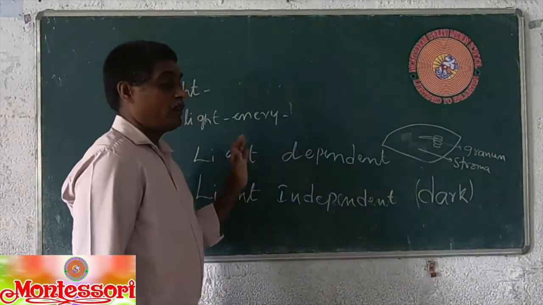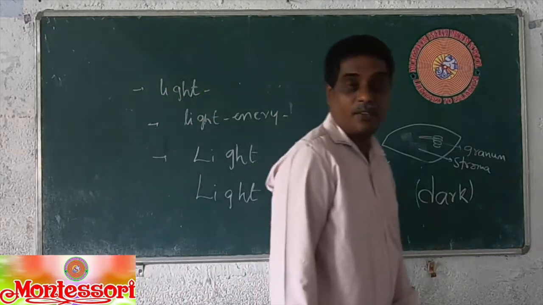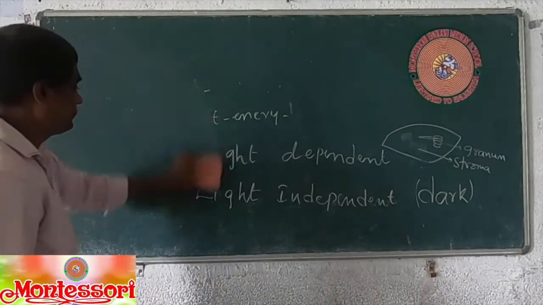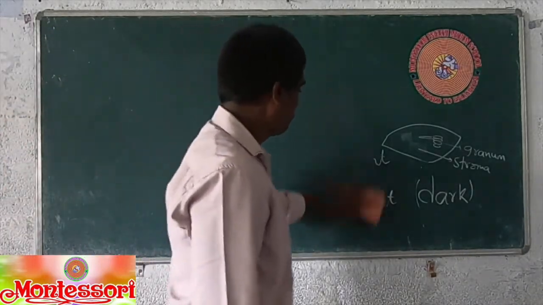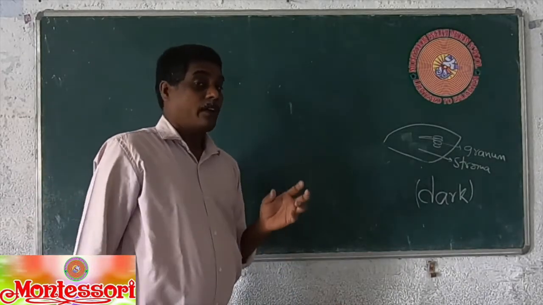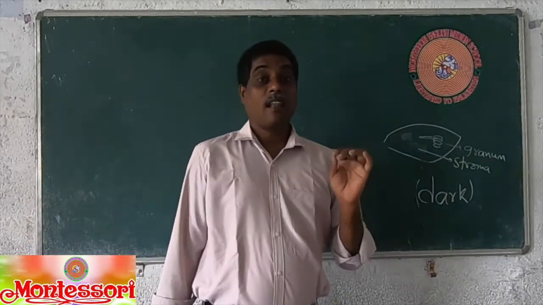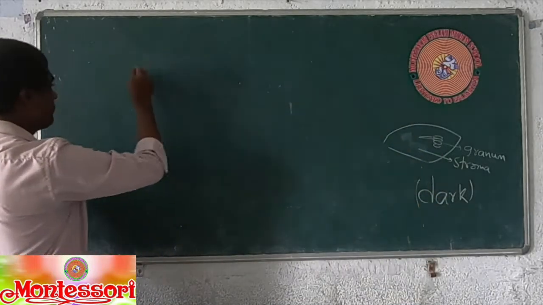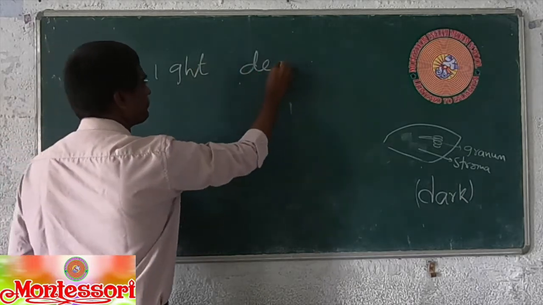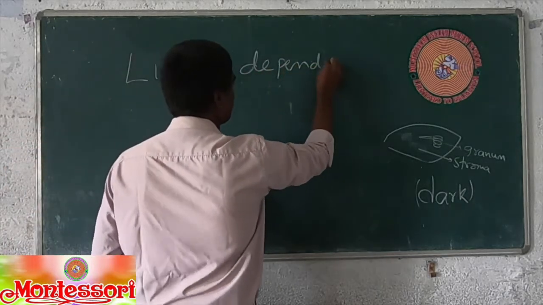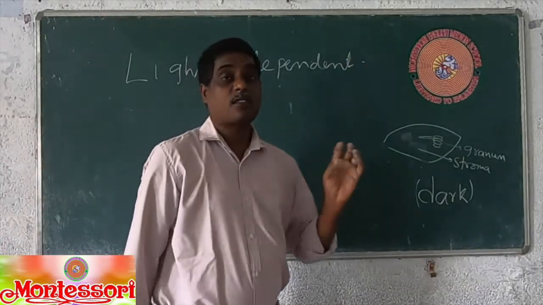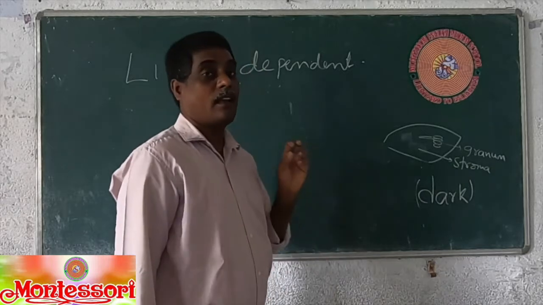Here we are going to see the photosynthetic events. In these photosynthetic events we are going to learn about the first one, the light dependent reactions. These light dependent reactions are also called photochemical reactions.